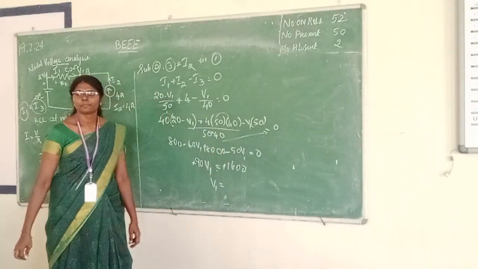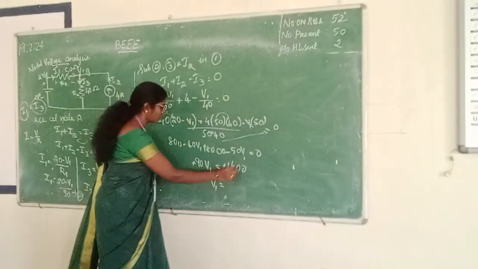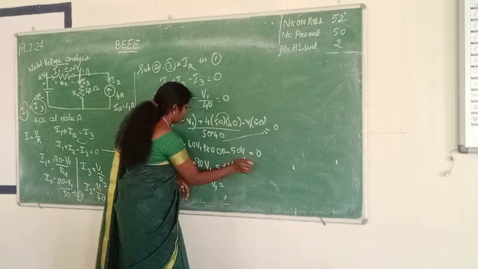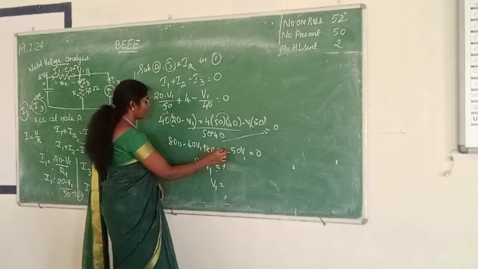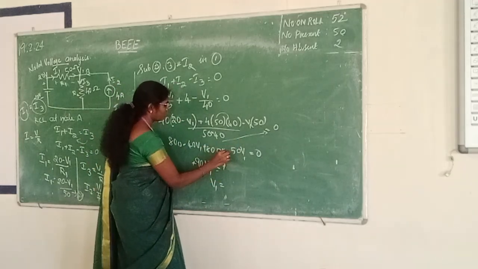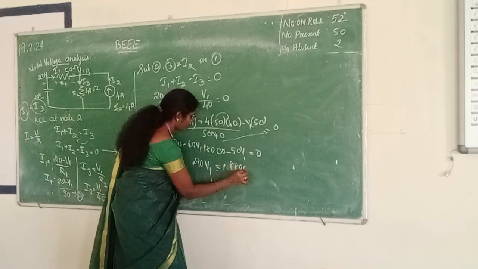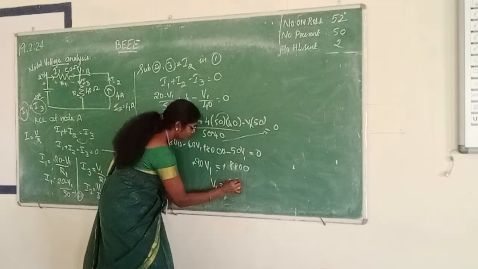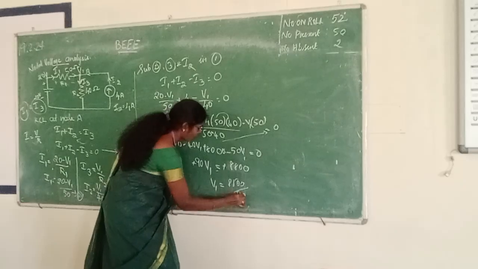Which is 8,000 plus 800, right? Now tell me, what is the value for V1?